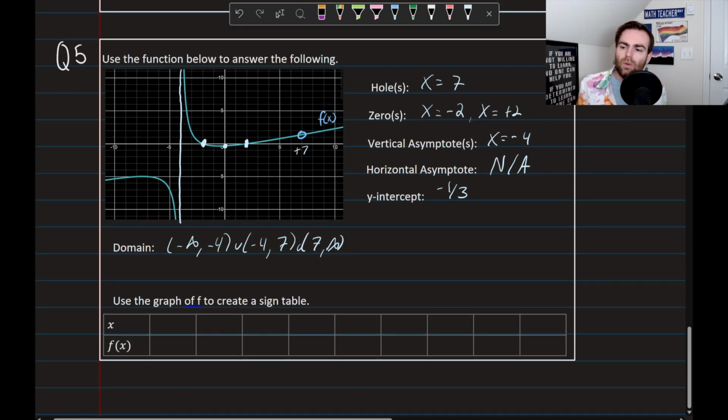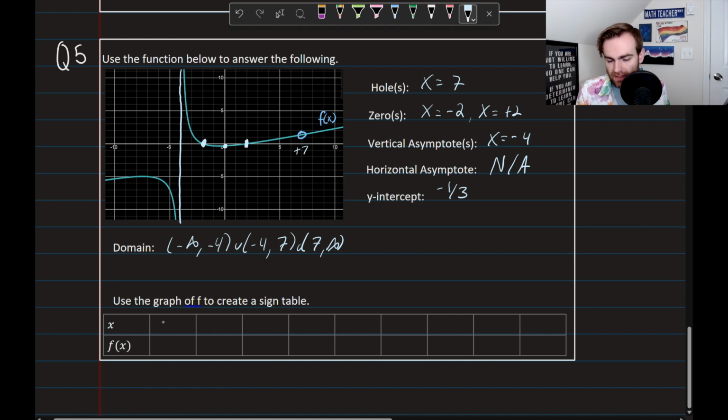So, a sign chart. You may be asked when a function is greater than or less than 0, like we were with polynomials. So let's build this with rational functions in mind. The x values we're going to use include all of these numbers that we can.